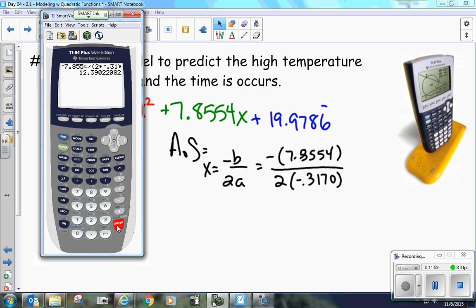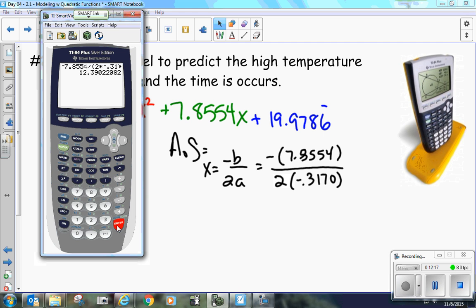Did I miss a decimal? Did you do 0.7 or did you do 7 point? Oh, you know what? When you did your parentheses, make sure you put your denominator in parentheses. Because if you don't, it'll divide by 2 first, then multiply by 0.3. You want that 2 to multiply by your 0.3170.